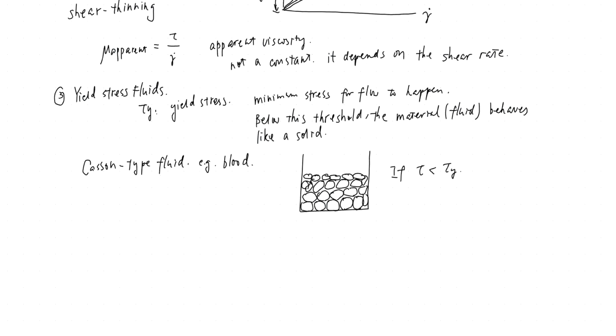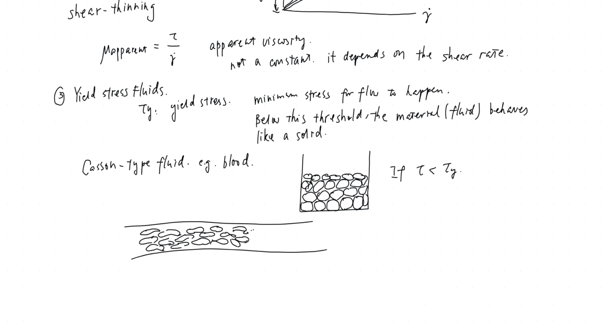So in the blood vessel, when you see those red blood cells start to move with the blood flow, it means the viscous shear stress within the blood is already larger than the yield stress, and it starts to flow.